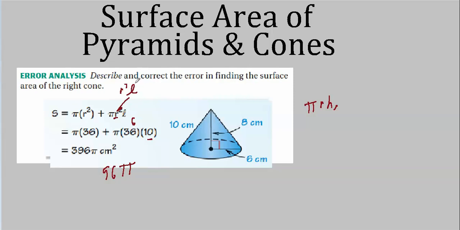Area always has to be the linear measurement squared. So if this were in centimeters, which it is, this would be centimeters squared times centimeters, which would give you centimeters cubed. Well, centimeters cubed is never going to be an area. You just can't do that. Cubic centimeters do not make up an area, only square centimeters.